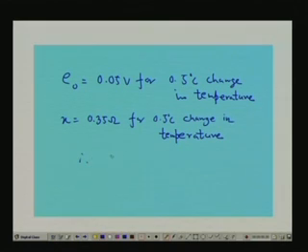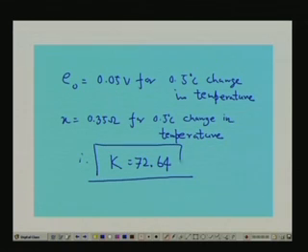So, we can find K equal to 72.64. So, the gain of the instrumentation amplifier should be like this. This completes our design of problem number 17.2.